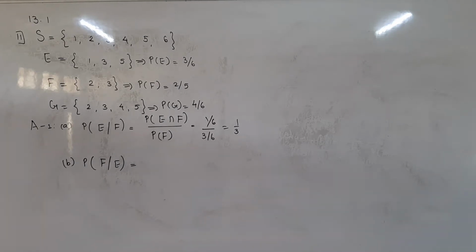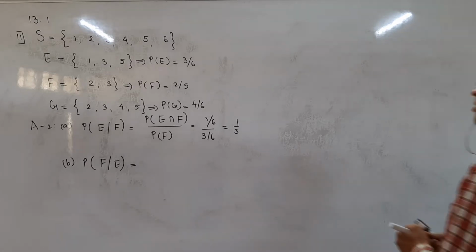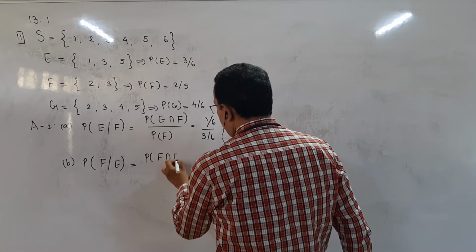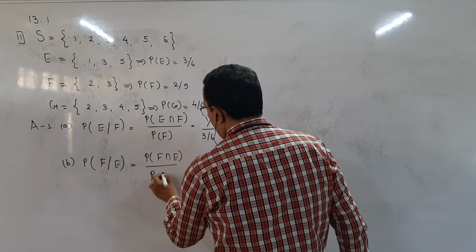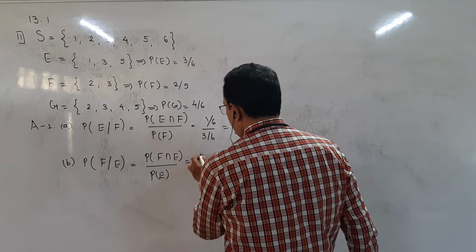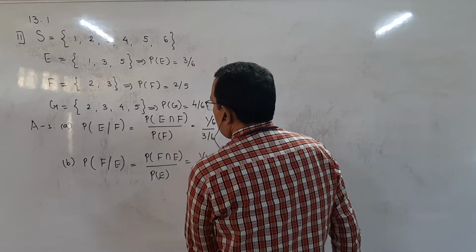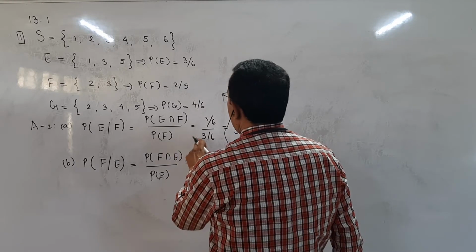Now, all of you please concentrate. Don't say E oblique F. Always say conditional probability of E given F. Conditional probability of F given E will be probability of F intersection E upon probability of E. Oh, sorry, here it was F. Sorry, students.